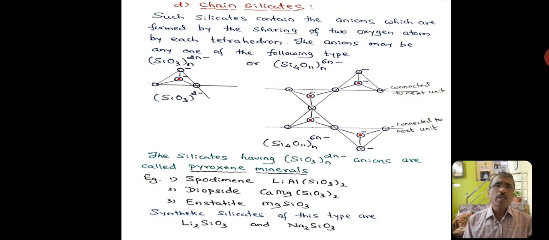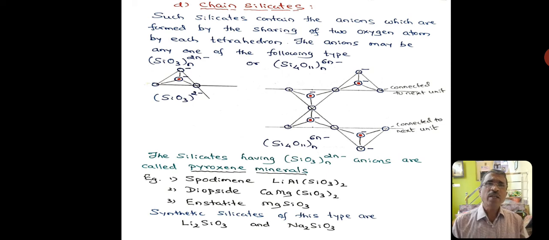Now coming to the other type, called the chain silicates. Such silicates contain anions which are formed by the sharing of two oxygen atoms by each tetrahedron, and the anions may be any one of the following types. Like cyclic silicates, here also two oxygen atoms of the silicate are used in the formation of a chain.